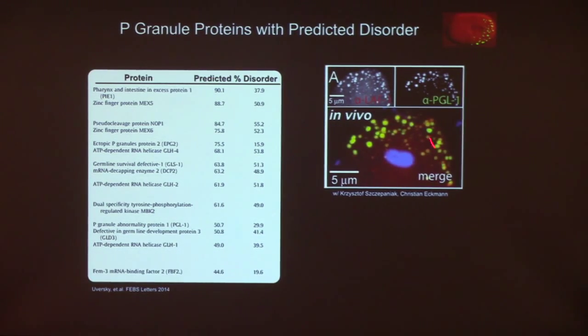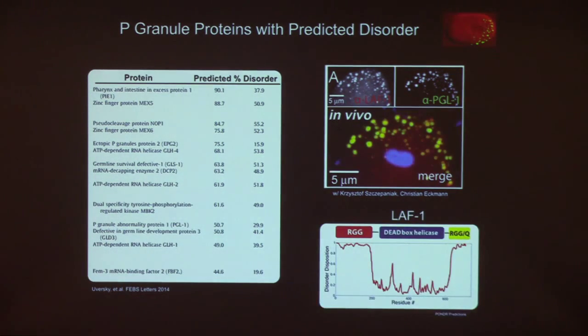It co-localizes with other markers, such as PGL1, a classic P granule marker. They are both in these structures, and this is a prediction of the disorder, from N terminus to C terminus. It looks like there's an N-terminal arginine-glycine-rich domain, which is predicted to be strongly disordered, and a similar disordered region at the other end of the protein, whereas the middle is probably fairly well folded.